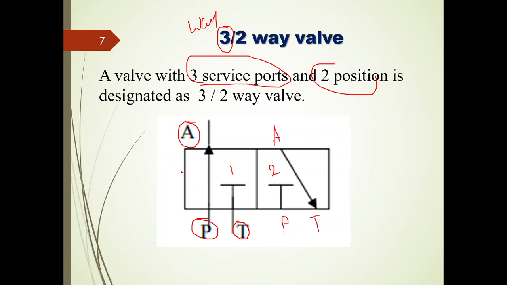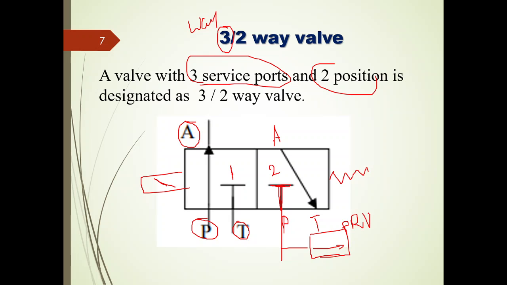The same thing again, I will be using a solenoid here in order to actuate the first position. If I won't give the voltage to this solenoid, then obviously it will go for the spring return position in which the pump port is completely blocked, right? Whenever the pump port is completely blocked, then obviously we should compulsorily use the pressure relief valve, right?